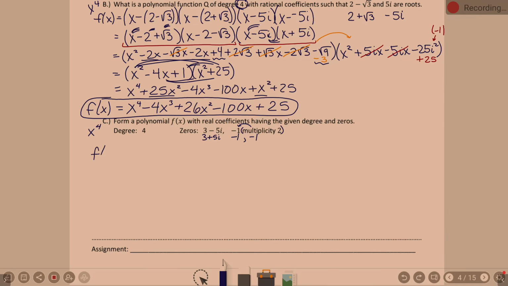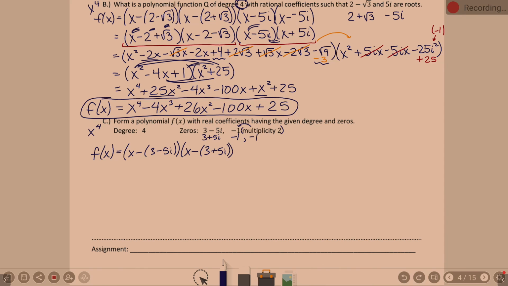Let's set it up. For 3 minus 5i, I'm going to say x minus the quantity 3 minus 5i. For 3 plus 5i, I'm going to say x minus the quantity 3 plus 5i.